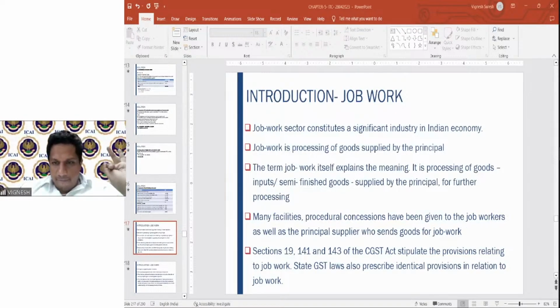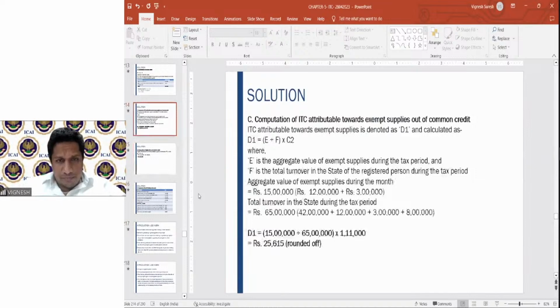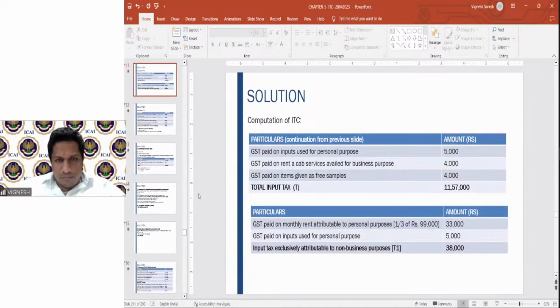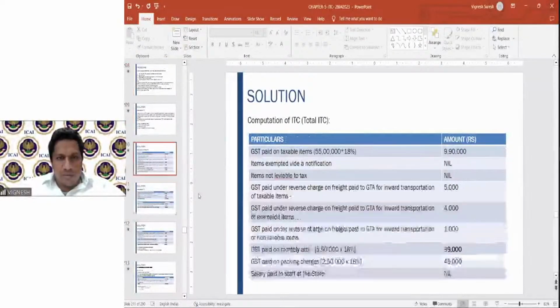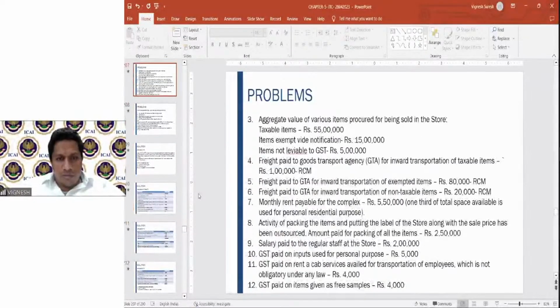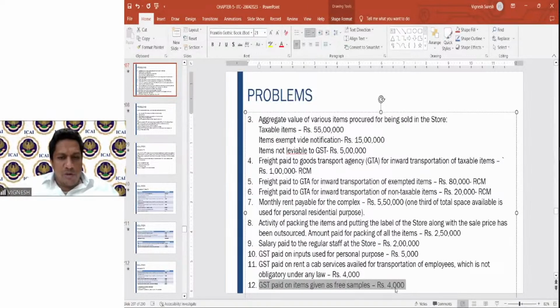Fine. Sir, for free samples, on which amount is ITC calculated at 4,000? Let us go back. GST paid on items given as free samples. It is given in the question, no? On free samples, 4,000 rupees has been paid.